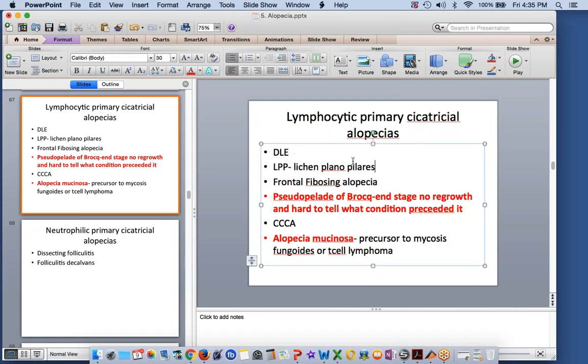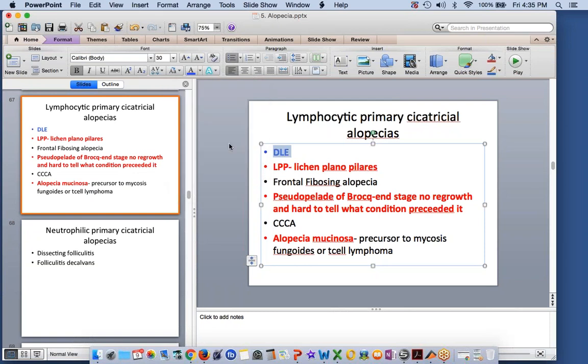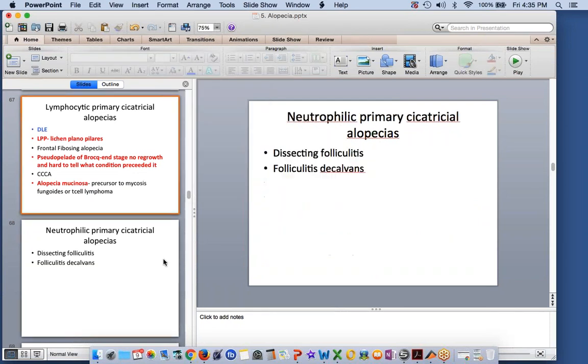And I've had the most satisfaction in treating this condition with intralesional steroids because it made a huge difference in my patients' lives. It actually kind of stops the condition if you inject it with intralesional steroids. It's phenomenal. What a big, big, big change in hair loss, you know. Okay.